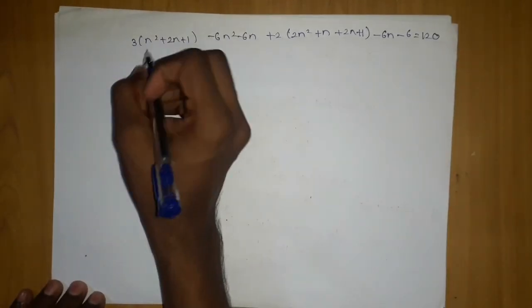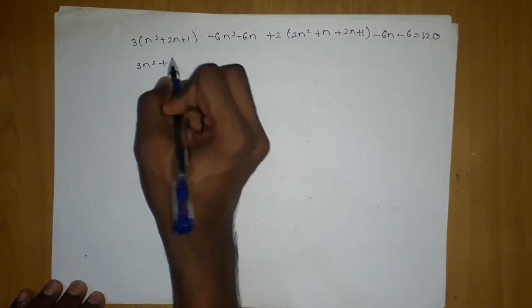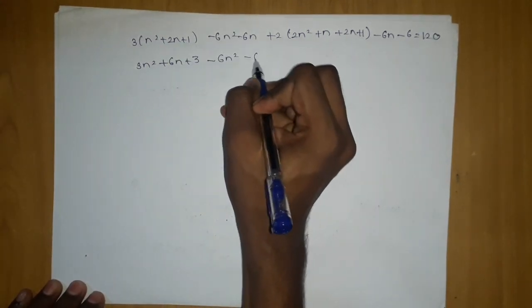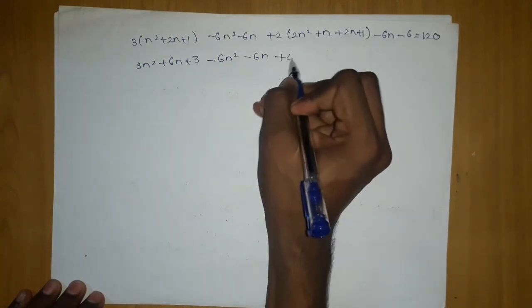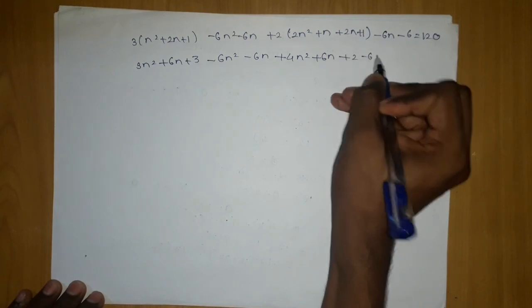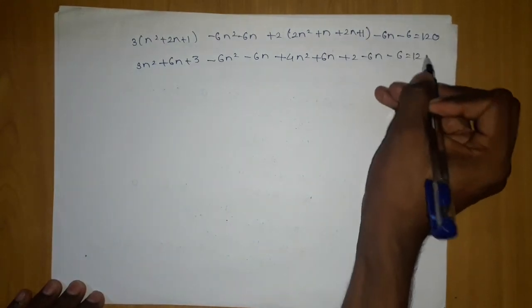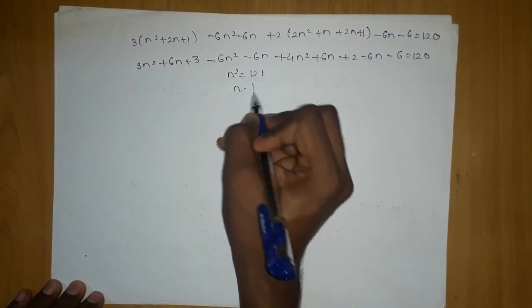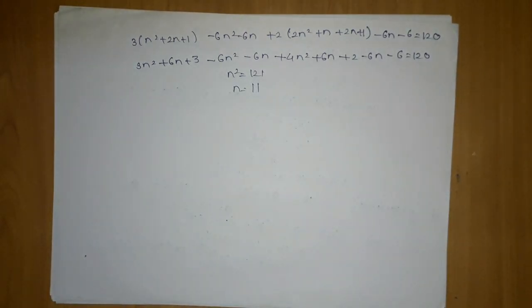If I further simplify it, I have 3n square plus 6n plus 3, minus 6n square minus 6n, plus 4n square plus 6n plus 2, minus 6n minus 6, equals 120, giving me n square equals 121, n equals 11. So n equals 11 is our answer.